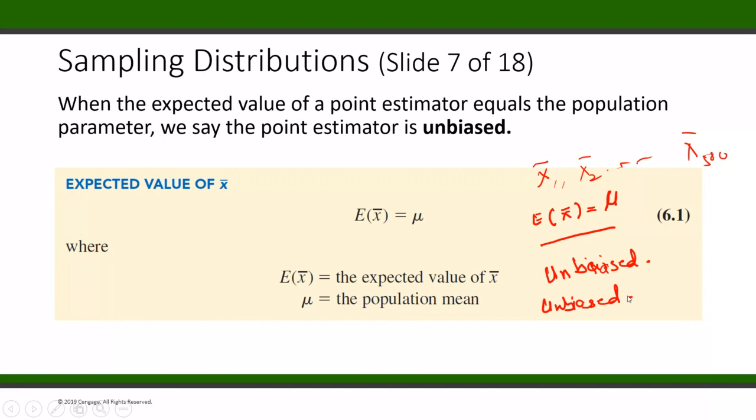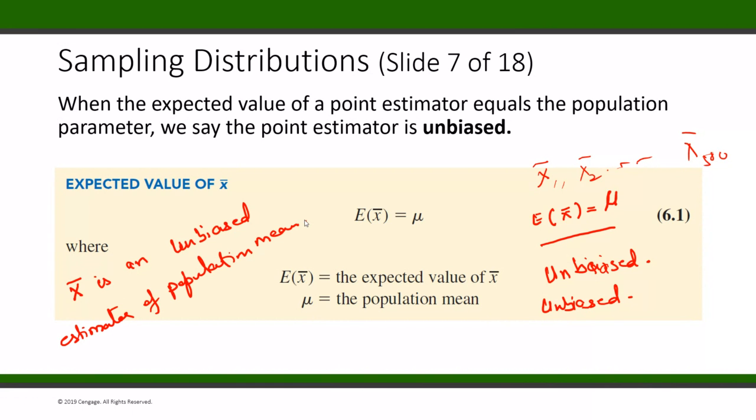So always remember, X bar is an unbiased estimator of the population average or mean.